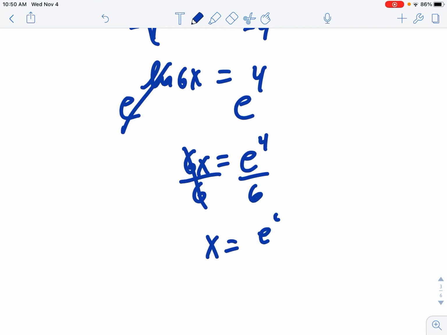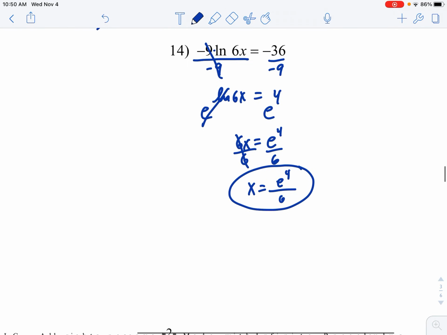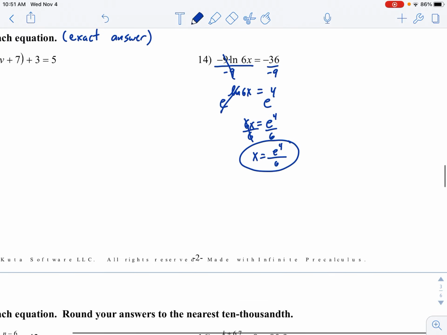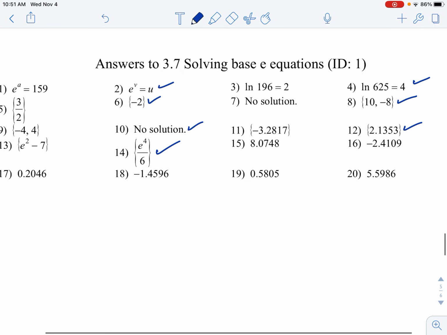X equals e to the 4 divided by 6. Yes, you could type that in the calculator, round it off and get a decimal answer, but when you leave e as a letter, e, it's not a variable, it's still a number, it's 2.71 something, but when you leave it as the symbol e, now we consider that an exact answer, and there it is.